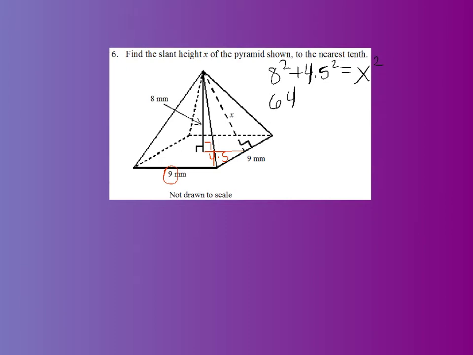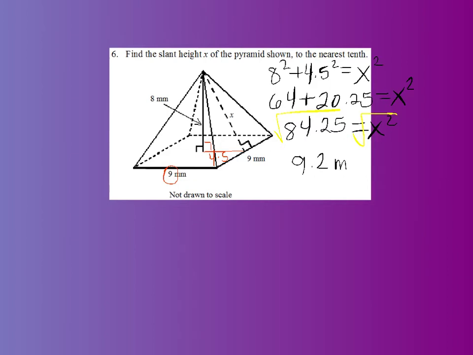So 8 squared is 64, 4.5 squared is 20.25, is equal to x squared. Combining these two together, we get 84.25 is equal to x squared. And then to solve for x, we're going to take the square root of each side. So square root, and our answer is going to be 9.2 millimeters. That's what our slant height is in this problem.